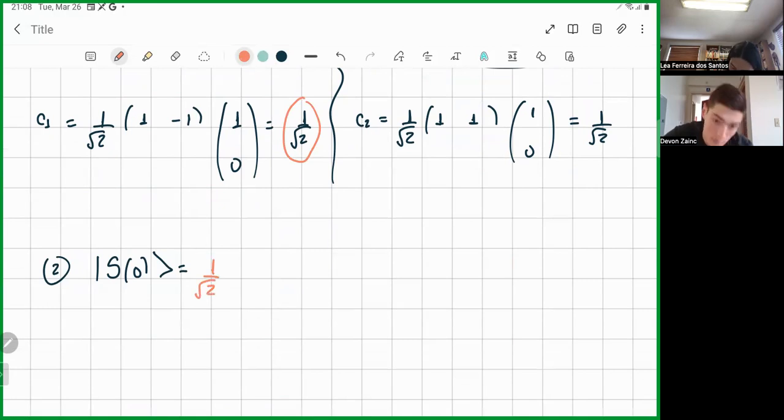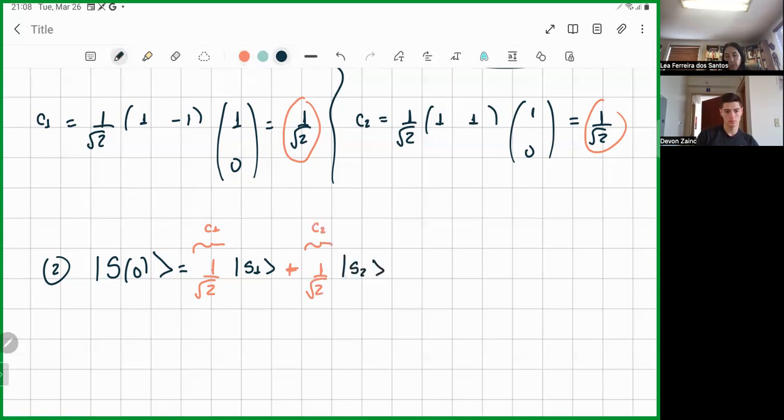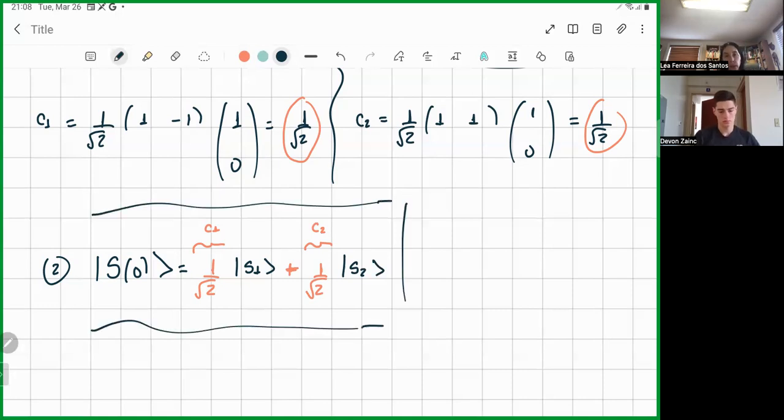This is C1, this is for the vector S1. And C2 is the same value. And then we have here S2. Okay, so that's our initial state written in terms of the eigenstates of the Hamiltonian.